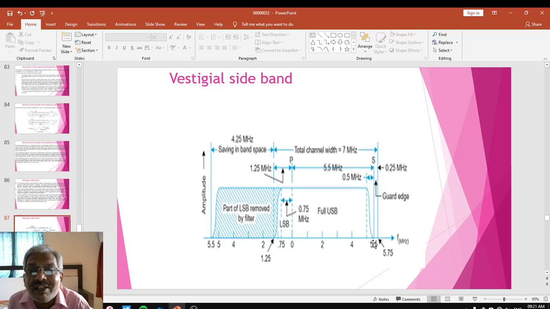So it is 5.5 MHz and 1.25 MHz, 6.75 MHz, plus this guard band of 0.25 MHz. So the net, from this to this, is 7 MHz. From this to this is 5 MHz, from this to this is 1.25 MHz, and this is 0.25 MHz. 0.25 MHz plus 5.5 MHz plus 1.25 MHz, total becomes 7 MHz.